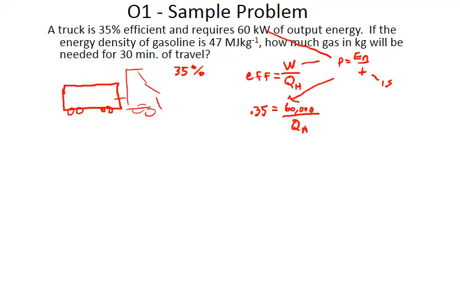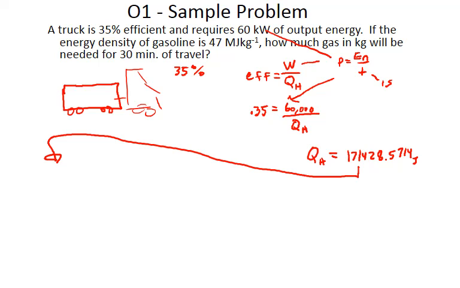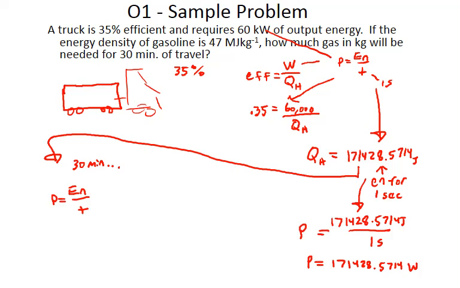So what do we need for QH here? Well, we would need a lot more heat source than just 60,000 joules each second, because we're only 35% efficient. Power is energy over time, so for every single second, 60,000 joules.